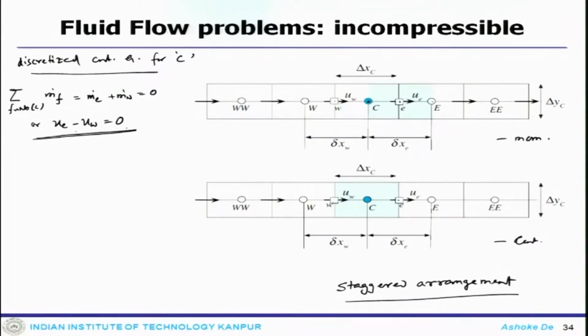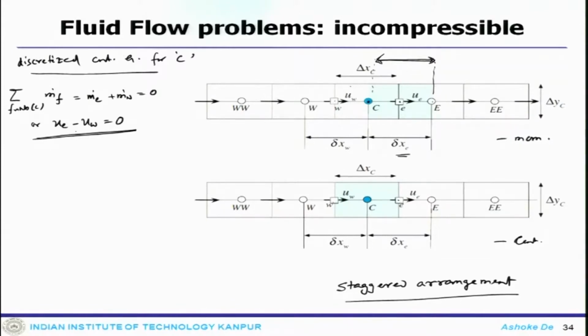Now, on top of that, the momentum equation is integrated over elements similar to the element C. For the integration of velocity component E, the effective cell which is considered is this one, which will have a cell length of delta x suffix E. Now, you can see your scalars are stored at the cell center.